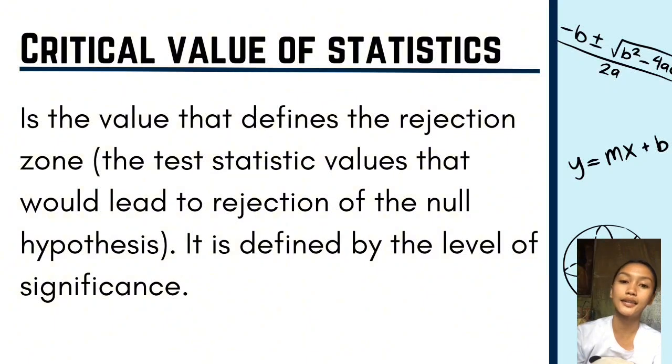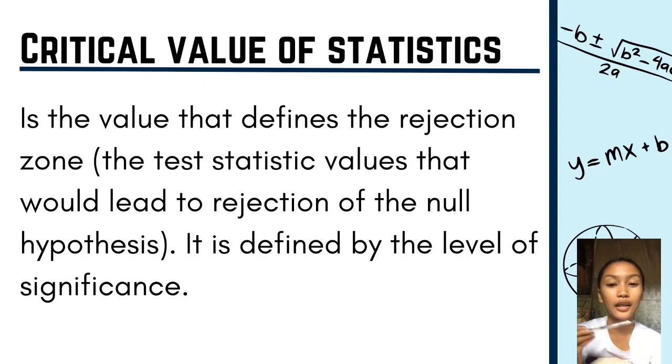Next, let us discuss the critical value of the statistic. A critical value is a value that is compared to a test statistic in hypothesis testing to determine whether the null hypothesis is to be rejected or not. If the value of the test statistic is less extreme than the critical value, then the null hypothesis cannot be rejected.